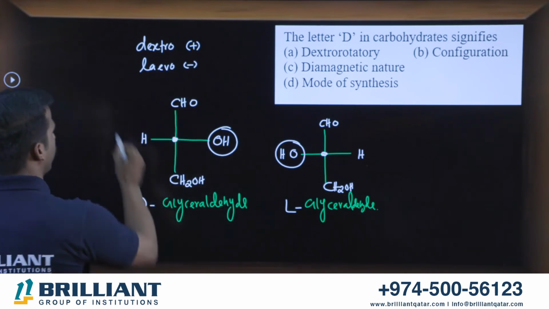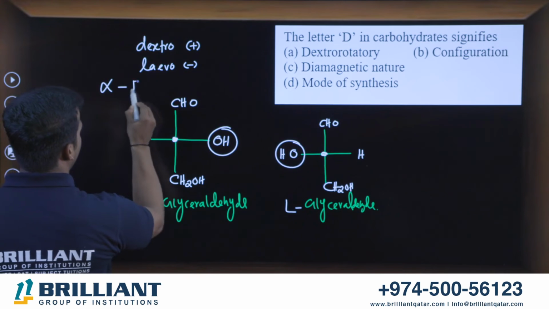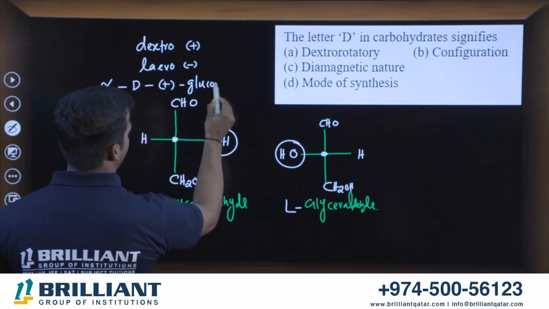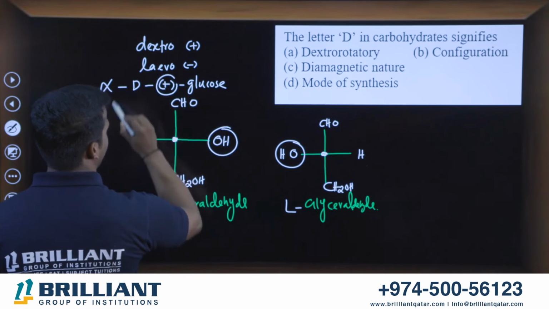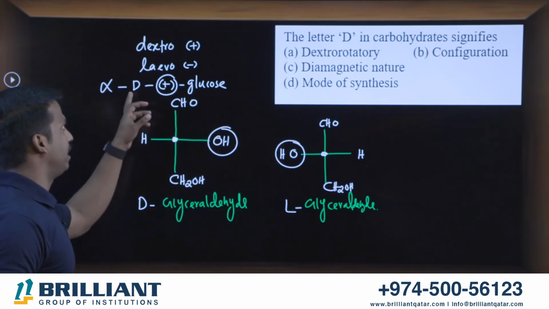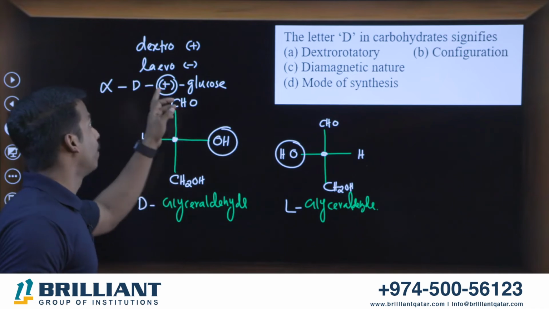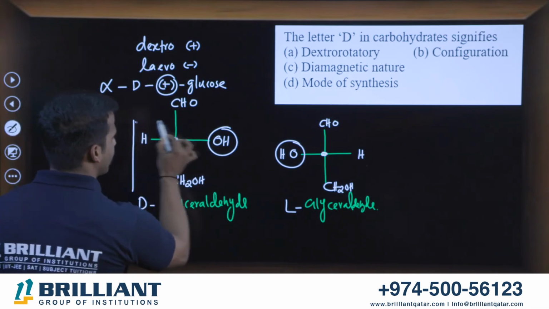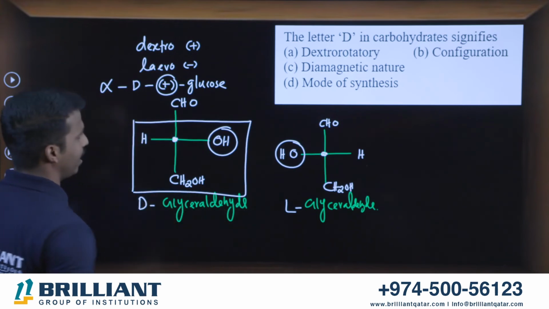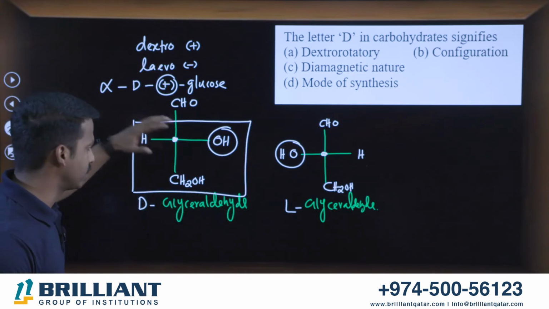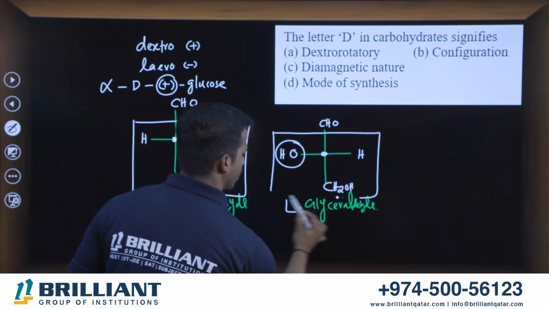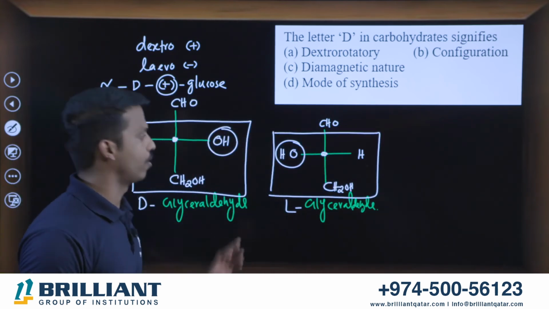Did you see in your textbook? They give you alpha D plus glucose like that. What is the meaning? The plus represents dextro, while the D represents the configuration. Alright, so if you see this arrangement in a carbohydrate, you can say it is D configuration. If you observe this arrangement in a system, then it is called L configuration.